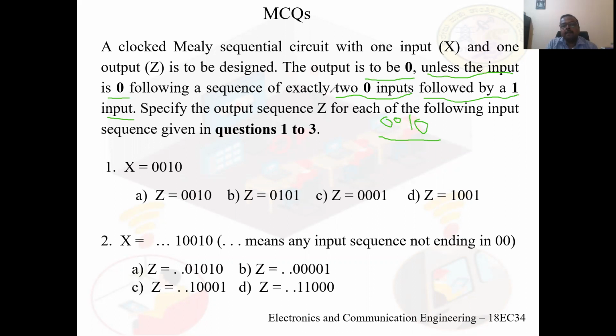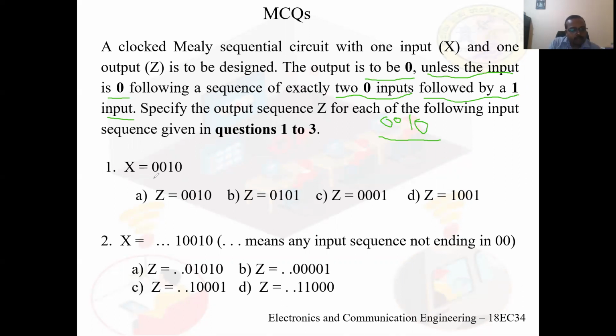For other input sequences it will be equal to 0. Now for the various input sequences given in questions 1 to 3, find the correct output Z.